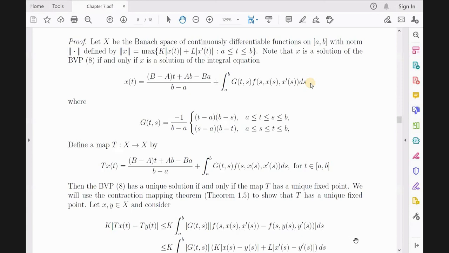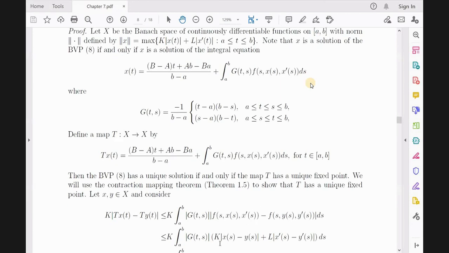This is less or equal to K into integral from a to b of |G(t, s)|, which is less or equal to K into |x minus y| plus L into |x' minus y'|.